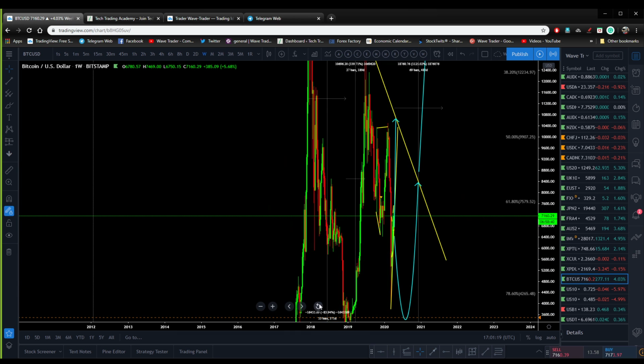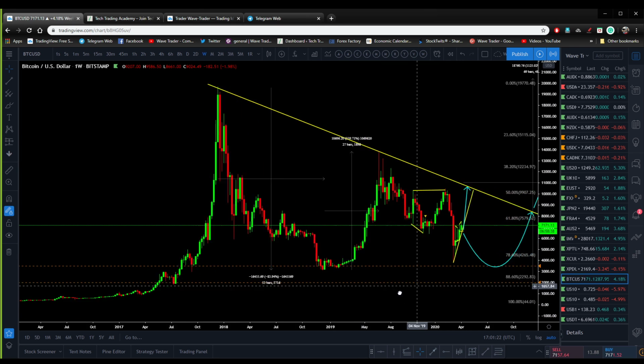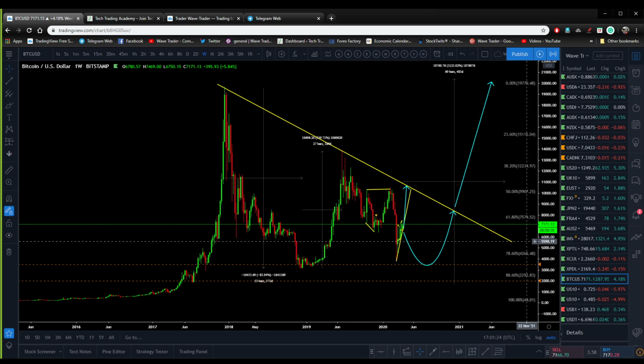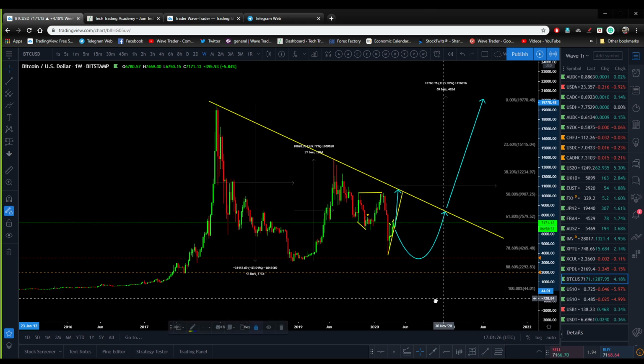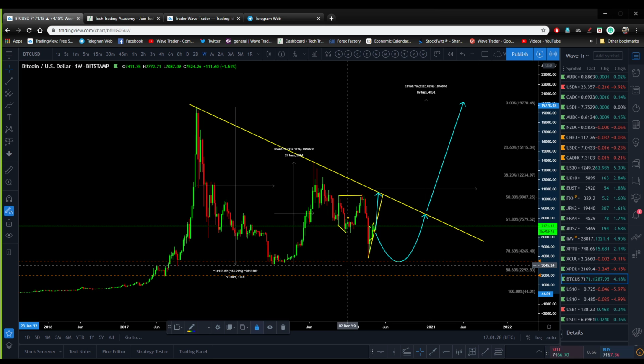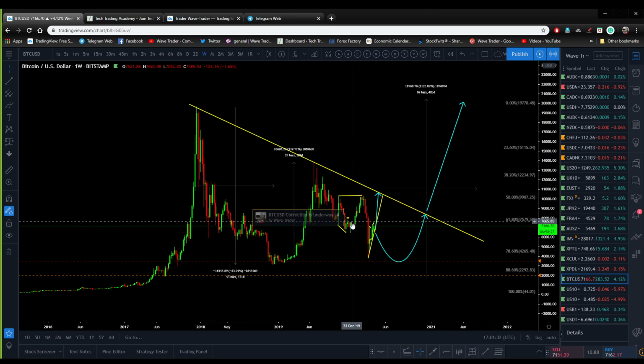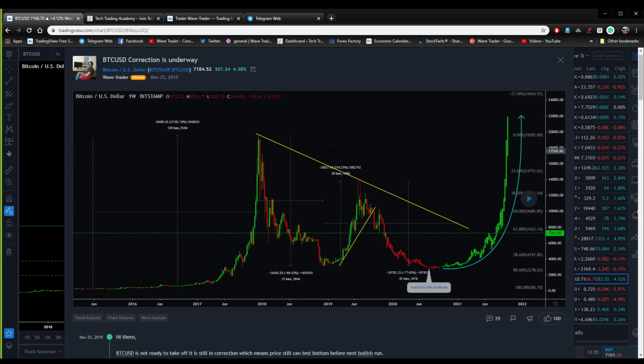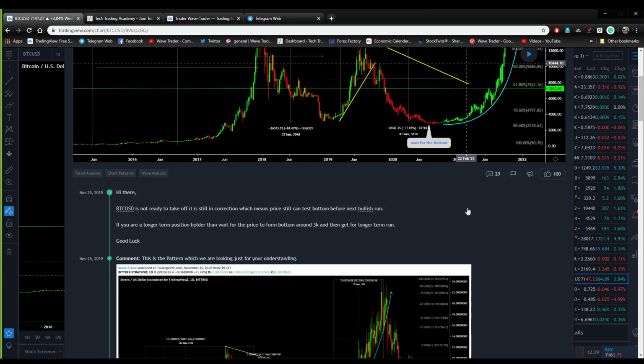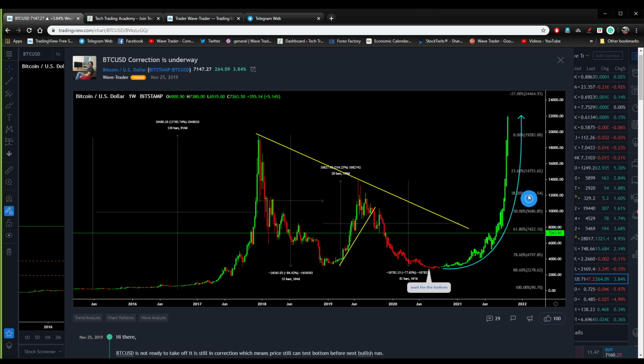Let's look at the bigger time frame chart. Longer term bullish, it still can visit the previous low, the 4,000 or 3,500. So the bigger time frame chart should be over there. That's the bigger time frame chart.